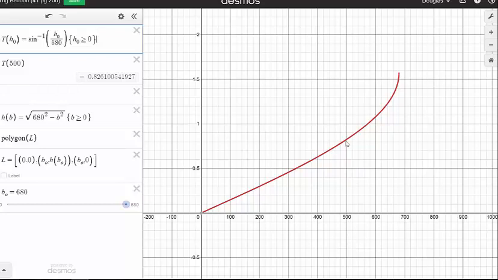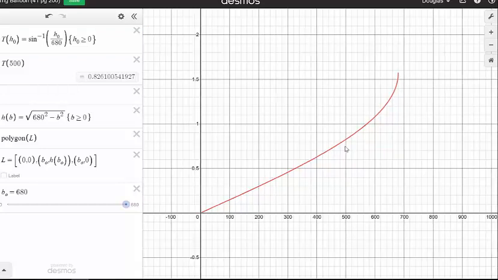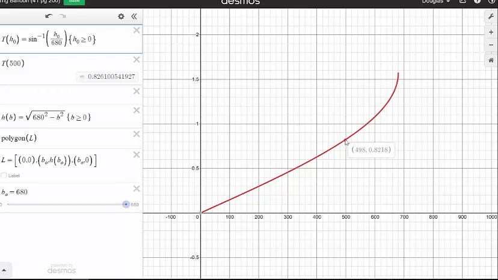And so the answer to that question is about 0.826, and you can see it on the graph right here. It's going to be 0.8261 and some change after that.